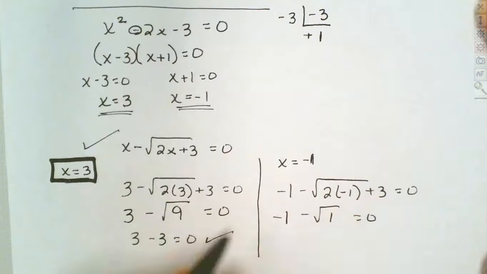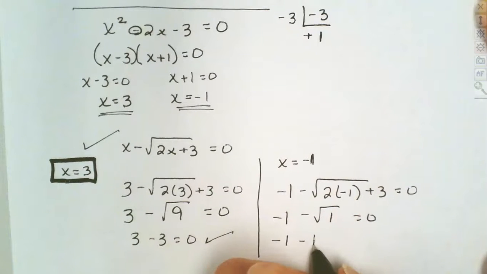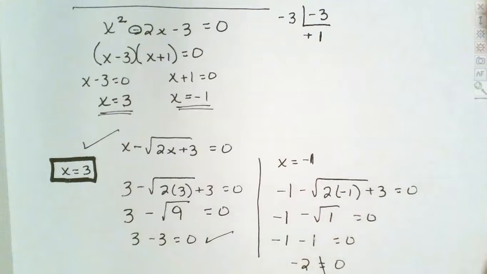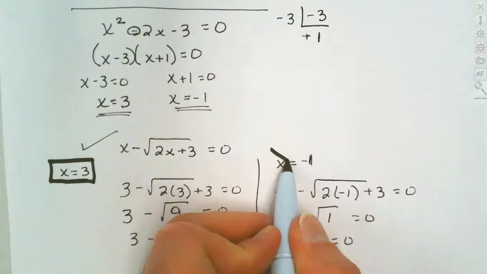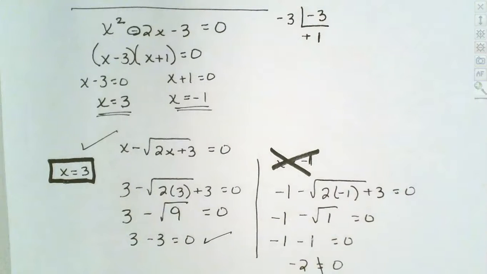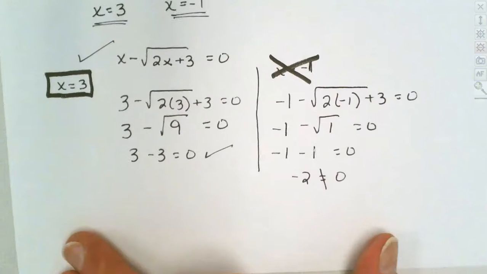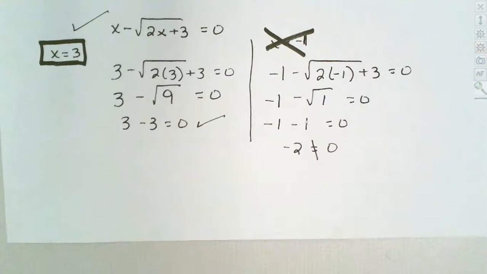And that does not work because negative 1 minus 1 is a negative 2, and that clearly does not equal 0. So x equals negative 1 does not work. So what's the only solution that we have? The only solution that we have is x equals 3. So you solve it, you plug all those possible solutions back in the original.